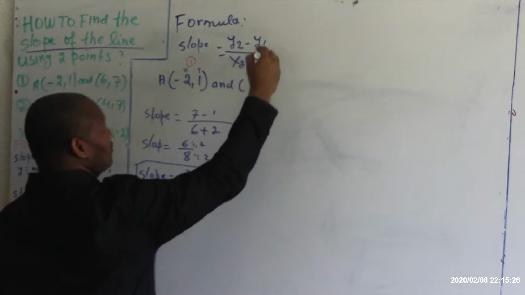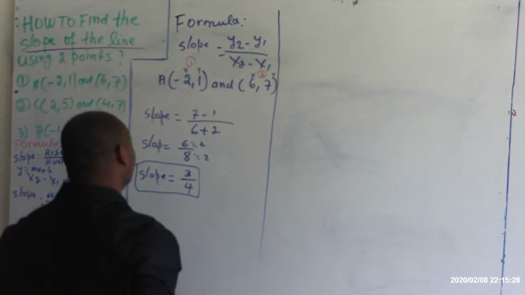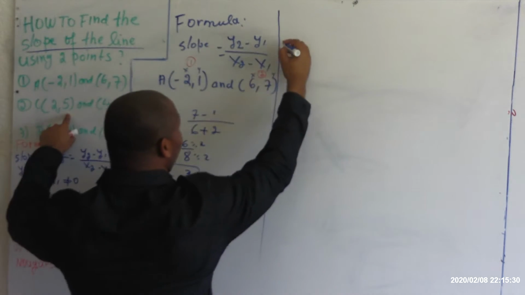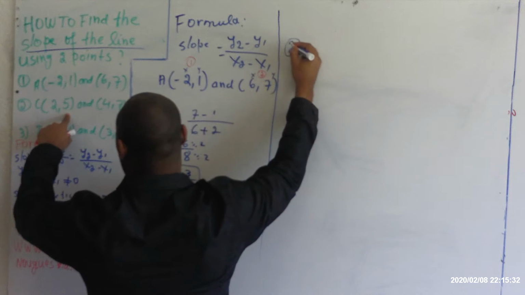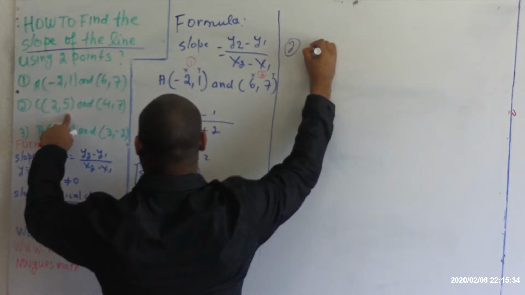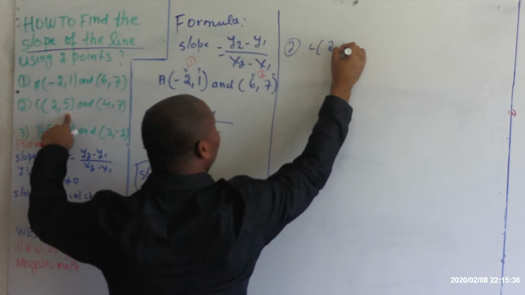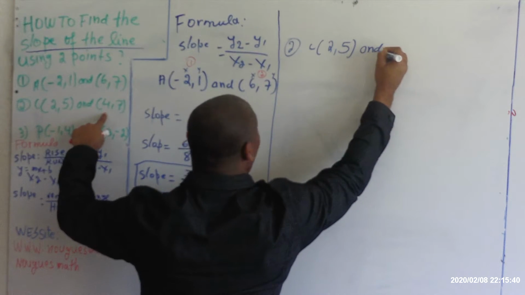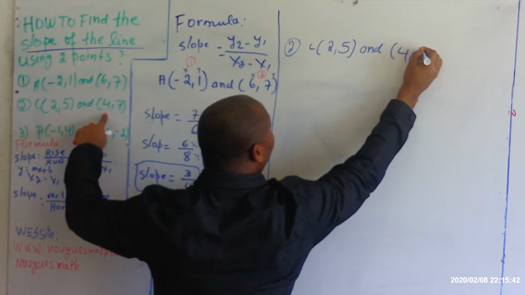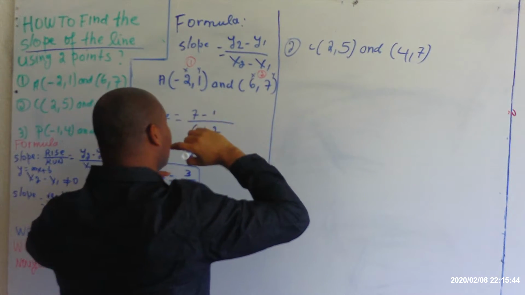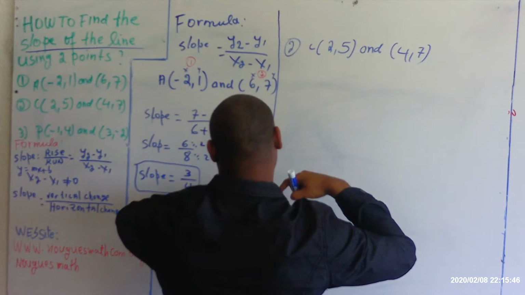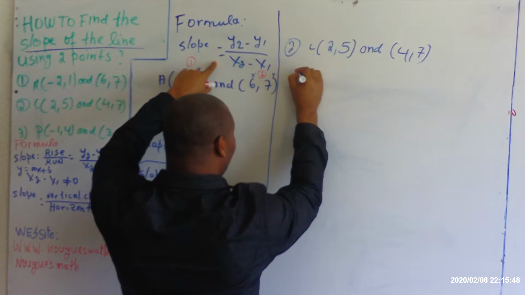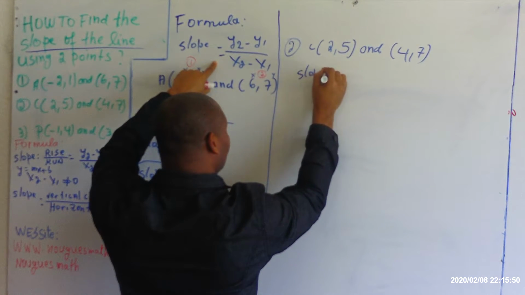The second example is the points (2, 5) and (4, 7). We're going to use the same technique. Now write the formula first.